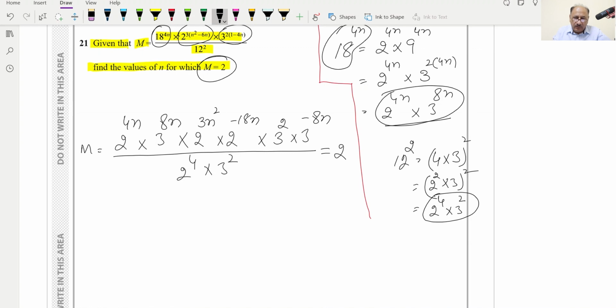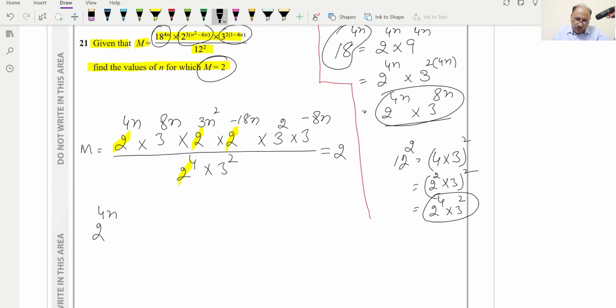Now we will shift the denominator as numerator. So we will get 2 raised to 4n, and there is another, this one, whatever 2 raised to the power, these 4 we will write over here.